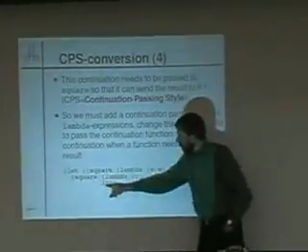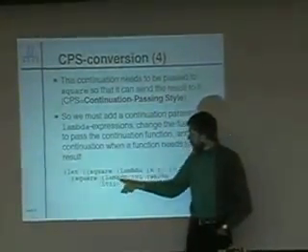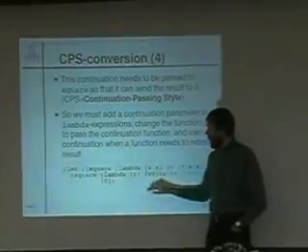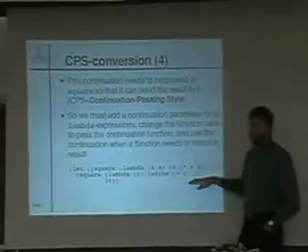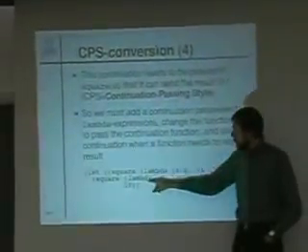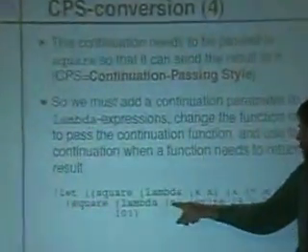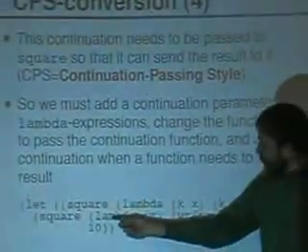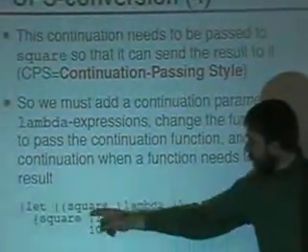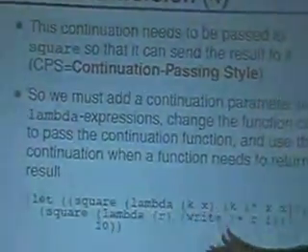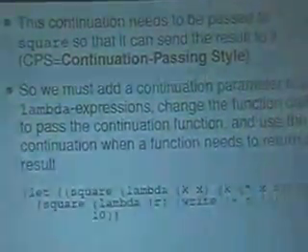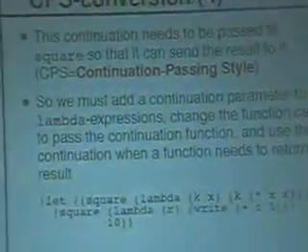And when we call square, we obviously have to provide the continuation for square. So this is exactly the expression we had before. So we're passing a function that will receive the result, add 1 to it, and call write. And by doing so, we give this continuation to square. Square uses that continuation to call back with the result from the call to square.